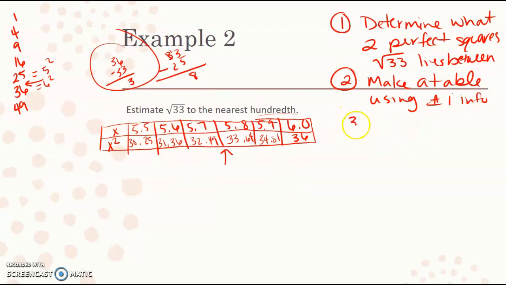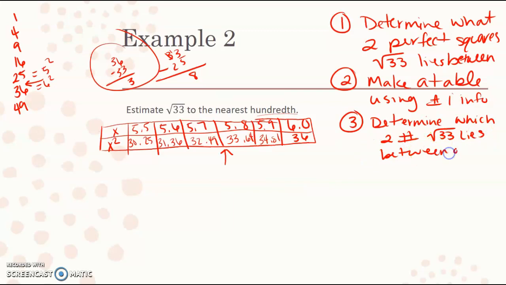Step 3 is we determine which two numbers the square root of 33 lies between on our table, and then step 4, we're going to make another table. Make second table.